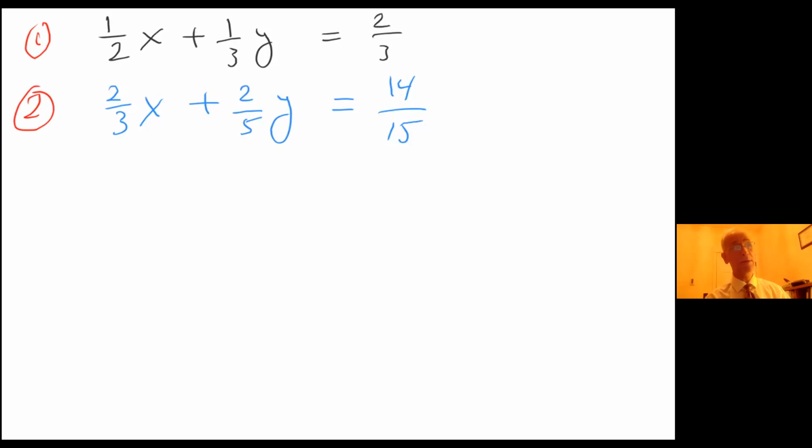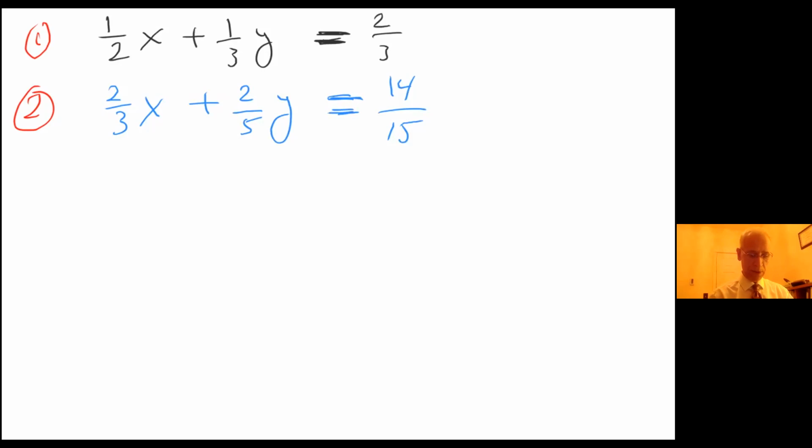Yes, if you work with the fractions, but we don't have to. Remember that the most powerful sign in mathematics is this equal sign. Because the left-hand side equals the right-hand side, I can multiply both sides of this equation by any number and it doesn't change anything.